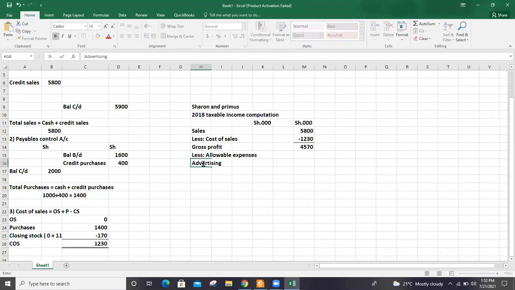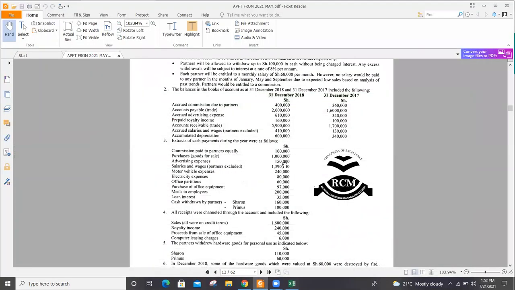Remember our principle. How much was paid during the year? The amount paid during the year is 150.